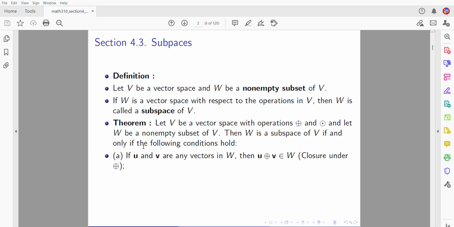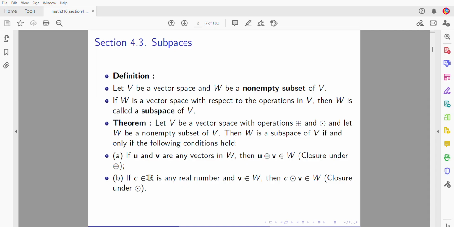If u and v are any vectors in W, then u ⊕ v is in W. That is, W is closed under ⊕. And if c is any real number and v is any vector from W, then c ⊙ v is back in W. That is, W is closed under ⊙.